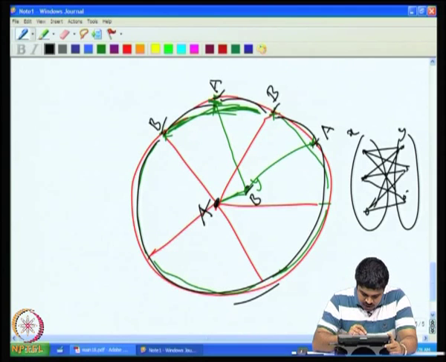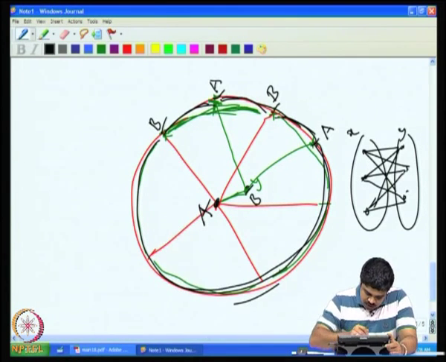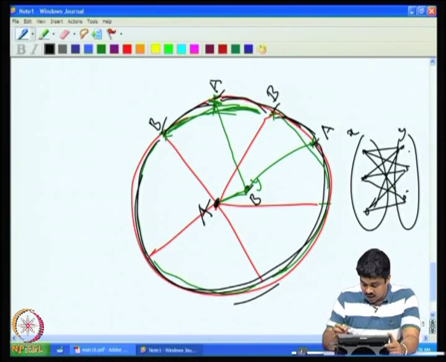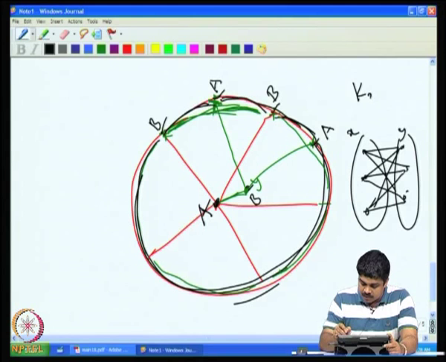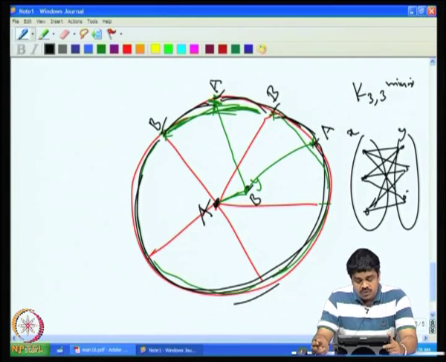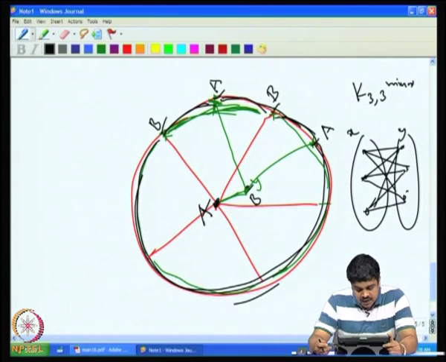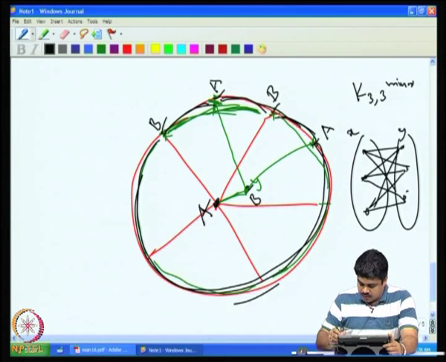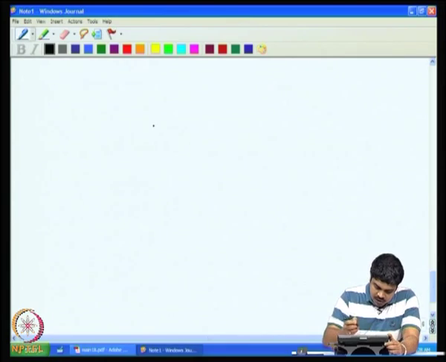So, here to here an edge, here to here an edge, here to here an edge, and here to here another edge, that K22, and together with this it will give you a K33 minor, right.